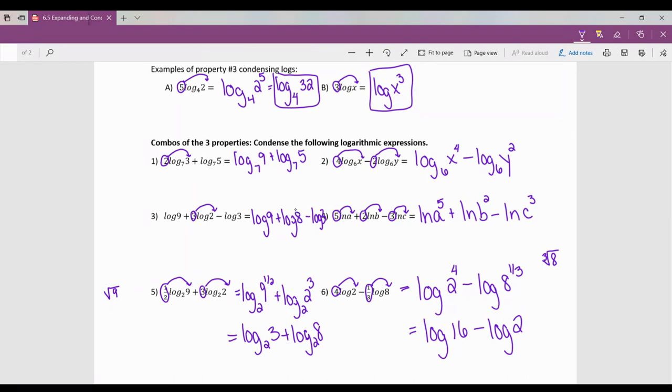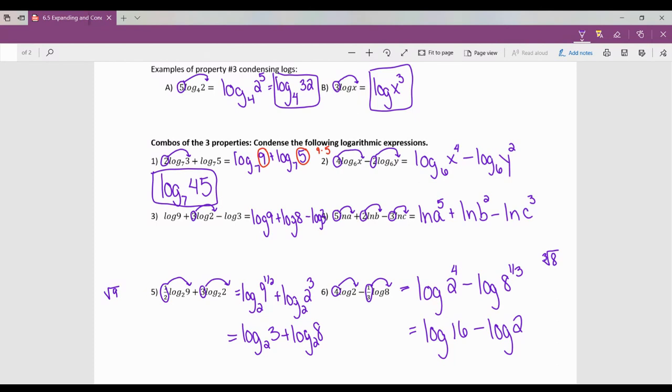So my rules are log base 7. When I'm adding, I take these numbers and I'm going to multiply them. 9 times 5, which is going to be 45. So that's nice and simple. Log base 7 of 45.